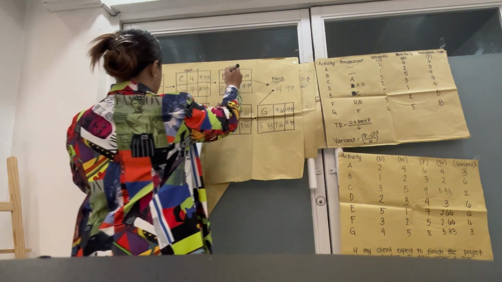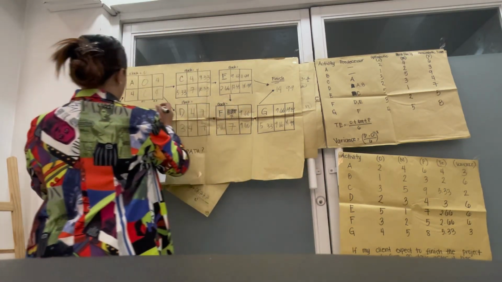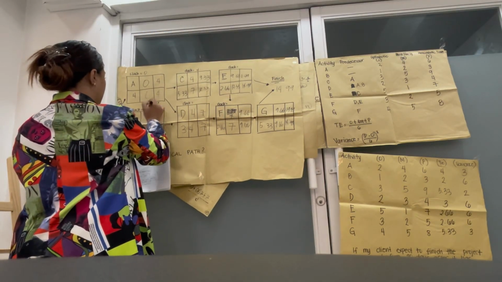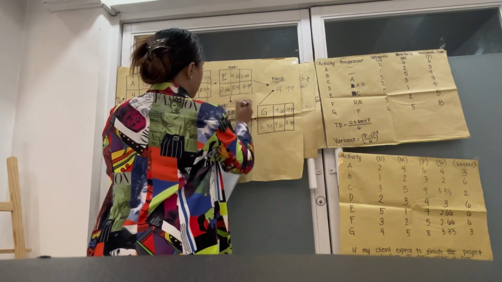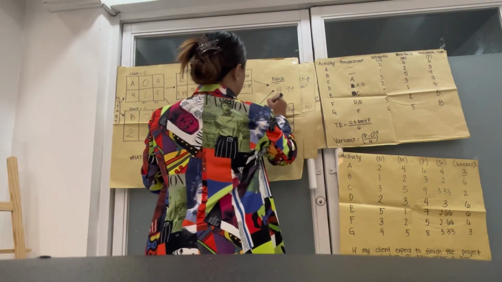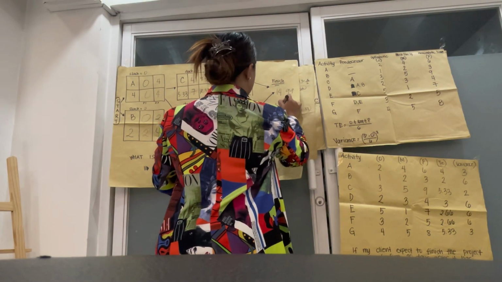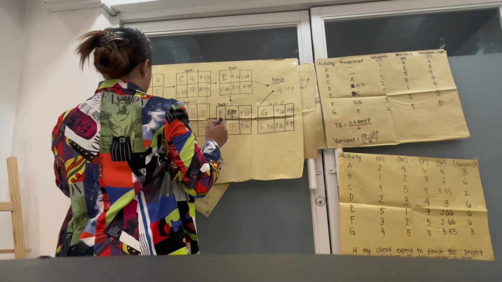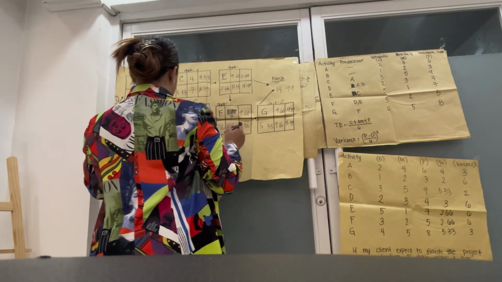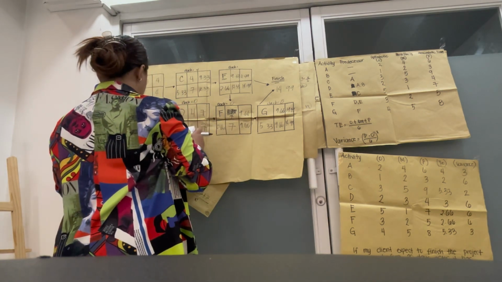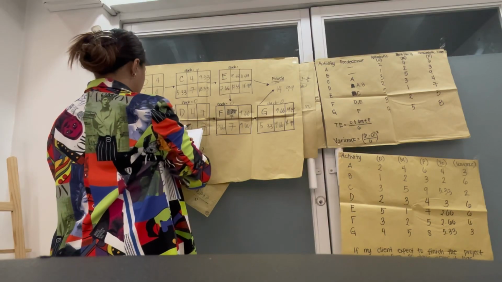Here is 2, and this is 0, 0, slack is 0. The slack is 2.